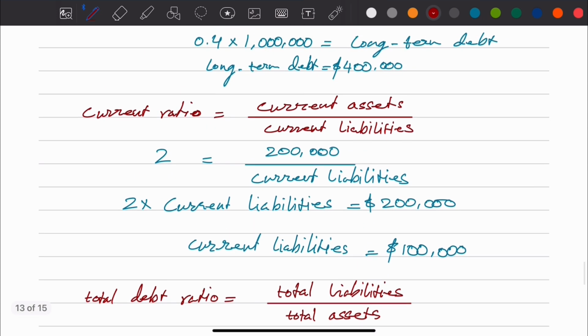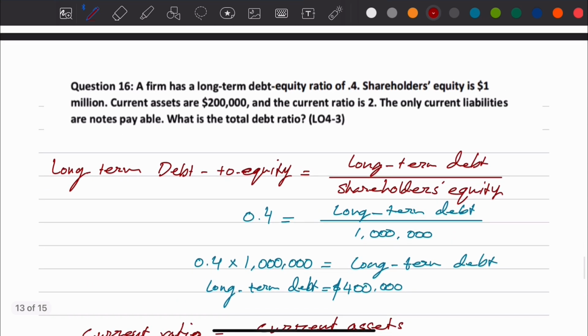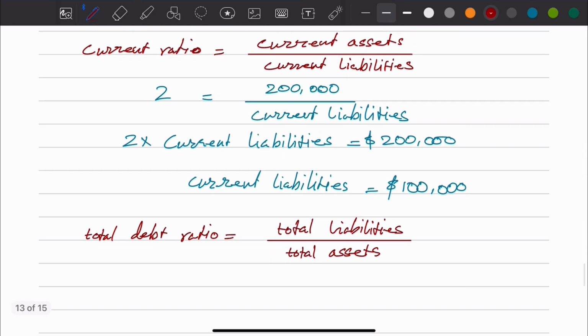Remember, this is what the question actually wants right here. It says, what is the total debt ratio? So the total debt ratio is calculated using this formula. Now we already found the short-term liabilities, the current liabilities, and the long-term debts, so we can combine them.